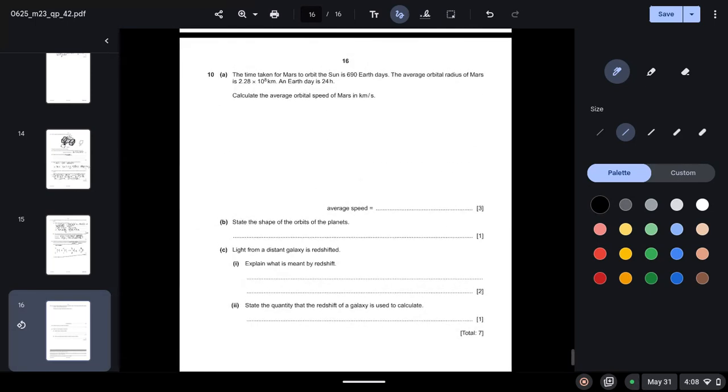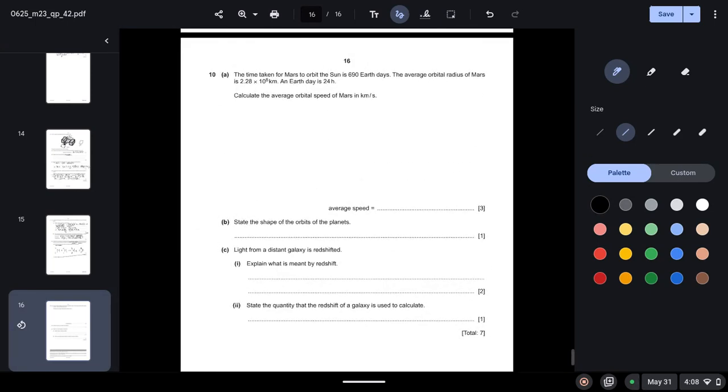Okay. Moving on to the last question. The time taken for Mars to orbit the Sun is 690 Earth days. The average orbital radius of Mars is 2.28 × 10^8 kilometers. An Earth day is 24 hours. Calculate the average orbital speed of Mars in kilometers per second. So here we will use the equation for orbital speed, which is v = 2πr/t, where r is the orbital radius and t is the time taken.